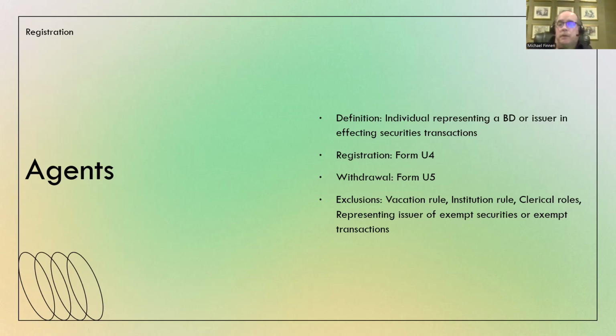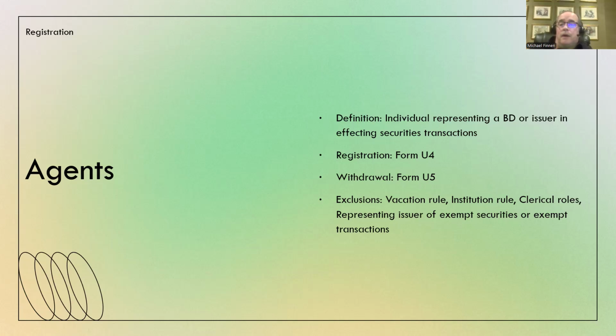Agents register through Form U4. U4 is hello, U5 is goodbye, right? U4 is when I come into a company, I have to sign, and you probably should know the details of what's on a U4, have an idea what they're asking you about. And a U5 is when you leave. Now, a U5 has to be filed within 30 days of somebody leaving a firm.